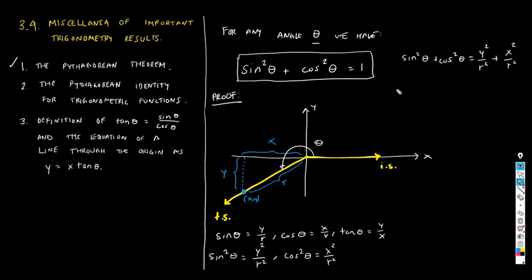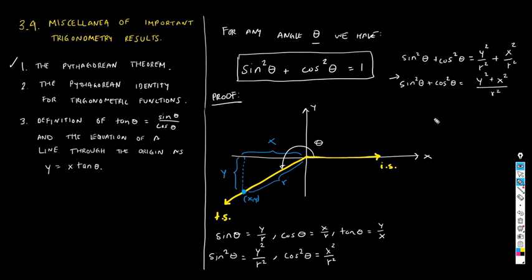Fine. Now, what can I do next? Sine squared of theta plus cosine squared of theta is equal to the addition of these two fractions. They have equal denominators, so I can add them in this way.